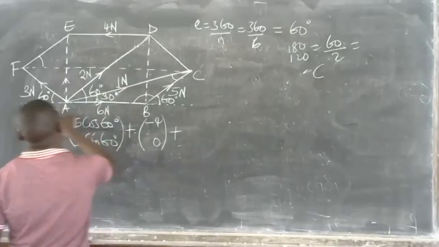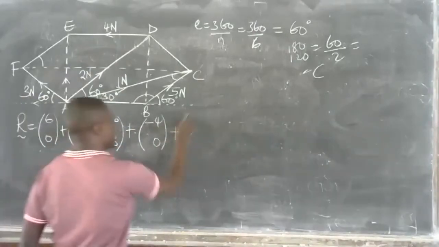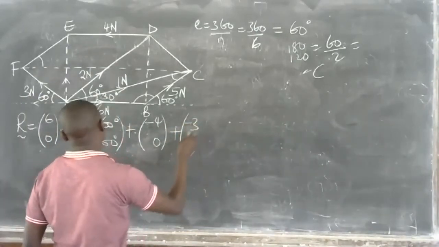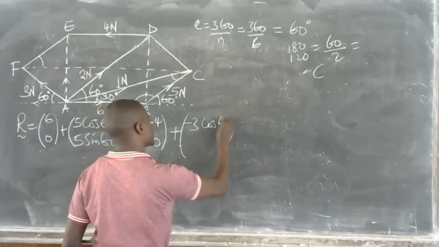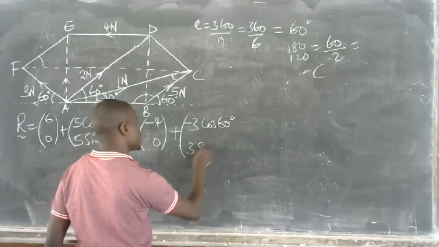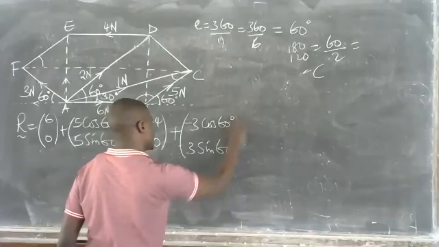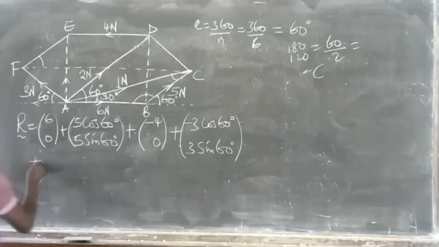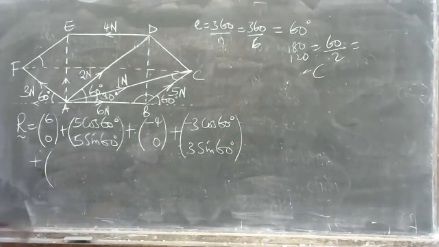Plus. So this is going to be negative 3 cos 60 degrees, positive 3 sine 60 degrees. Plus. Then we go inside here. I'll start with 2 Newton's force. The 2 Newton's force makes 60 degrees with the horizontal.